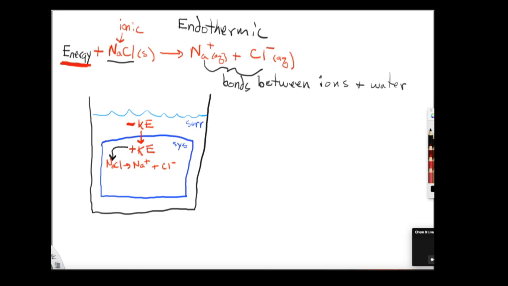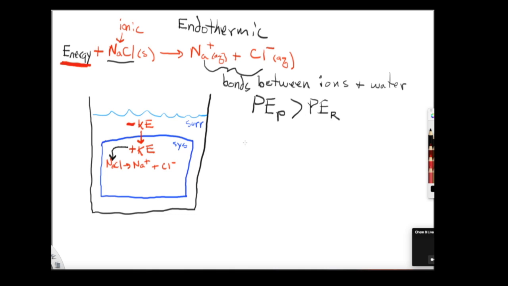Because in this case, the change in composition is not the same as the previous example. In other words, the products here are going to be at a higher potential energy. So the potential energy of the products is going to be greater than the potential energy of the reactants at the end.